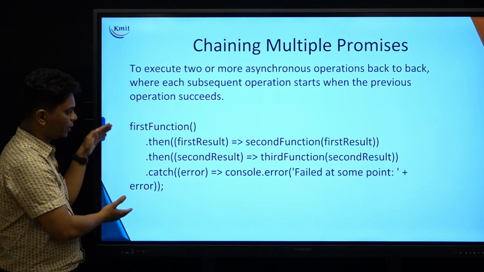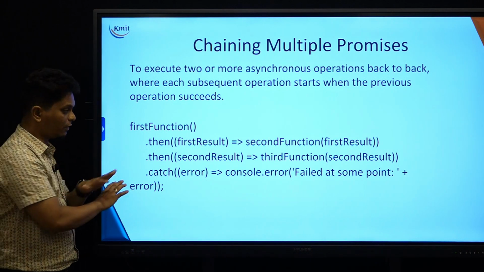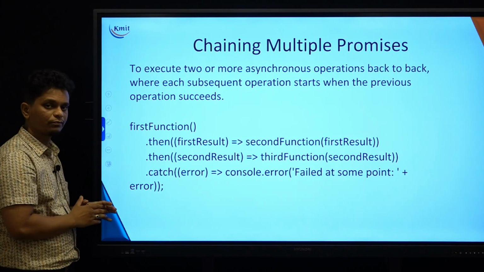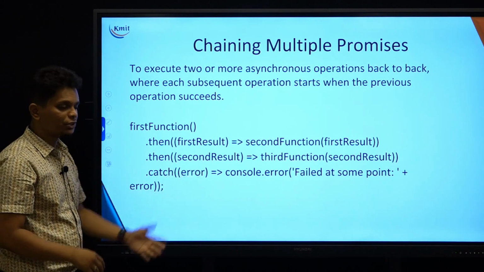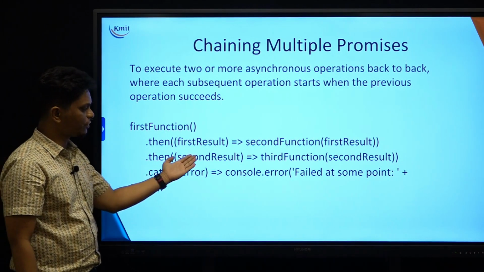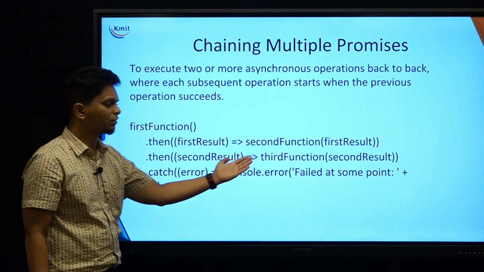Okay, here we have assumed a basic example. It's not a valid example; in order to keep things very simple, I have used this one. It's written in simple English. So assume we have a function in which, based on the first result, the second function is called, and based on the second result the third function is called.